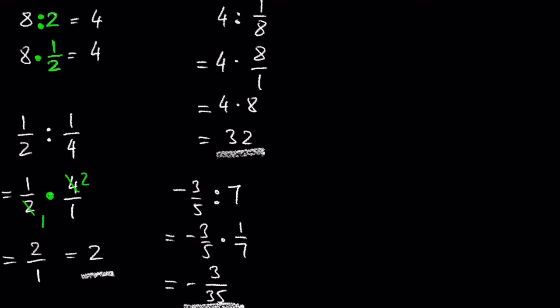What about this one? 3, 1 over 4 divided by 2 over 3. When you have a mixed number like 3, 1 over 4, first turn it into an improper fraction before dividing. 4 times 3 is 12. 12 plus 1 is 13.